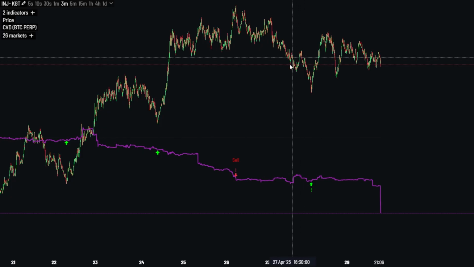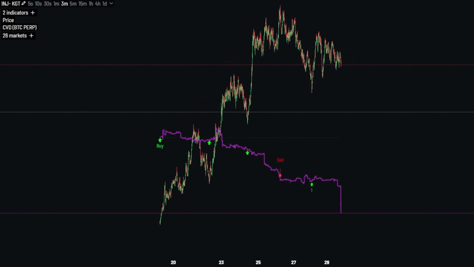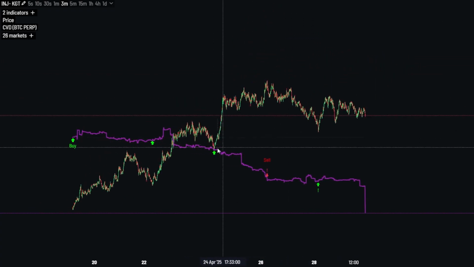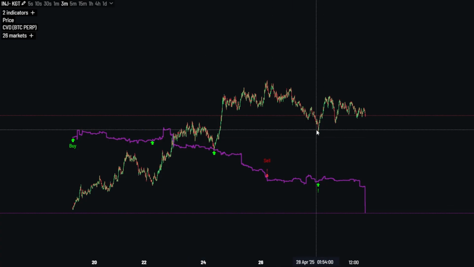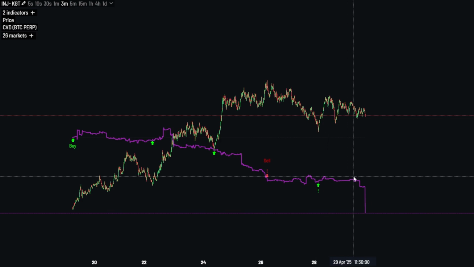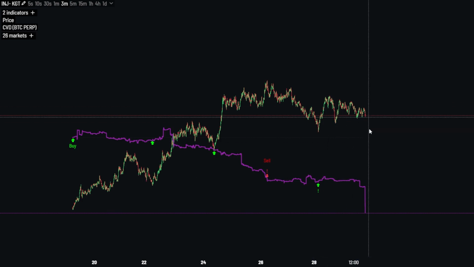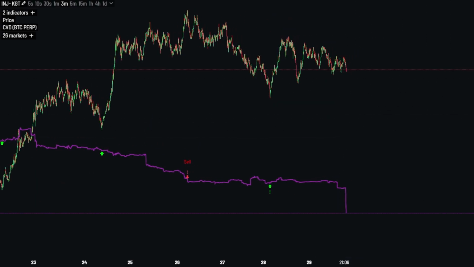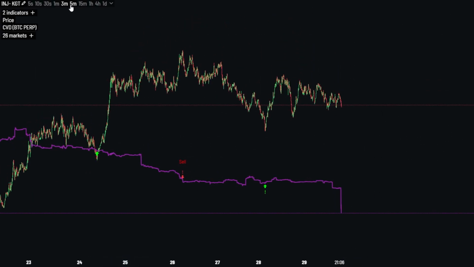If we take a look also at KGT on the 3-minute chart, we can see as well a nice divergence for the bullish here. We saw a move toward the upside, but it was followed directly by a downtrend here, and we see, of course, a choppy wave. The CVD line is moving very, very low and lower than the price even.